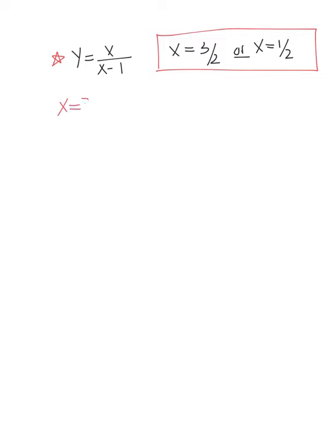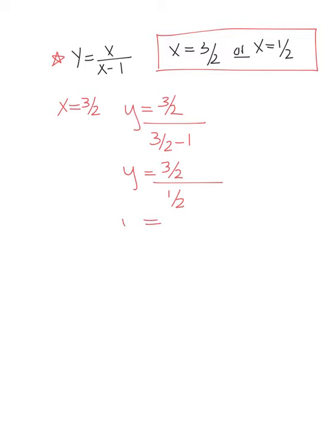First I'll do it for x equals 3 over 2. I'm going to get y equals 3 over 2 over 3 over 2 minus 1. That's going to leave me with y equals 3/2 over 1/2, which is going to leave me with y equals 3/2 times 2 over 1, y equals 3.